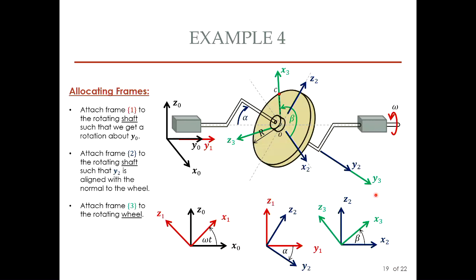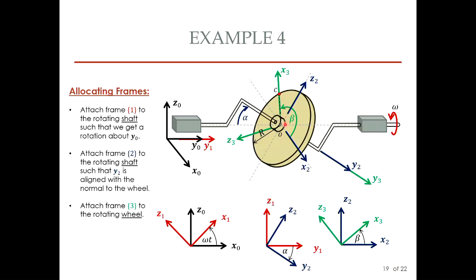So negative rotation by beta about y. Now what's the next step? Get the rotation matrices that correspond to my assignment of frames, and then go from O to C.